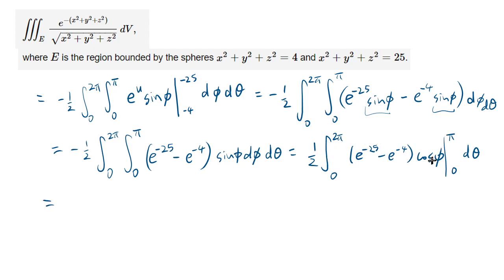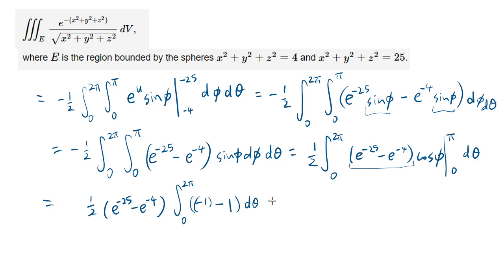And when you plug in pi into cosine, it's negative 1. Actually, this is just another constant, so let's also bring that outside. So you have 1/2 e to the negative 25 minus e to the negative 4. And then if you plug in pi in the cosine, it's negative 1. If you plug in 0 into cosine, that's 1, but you have to subtract. And then that's negative 2.